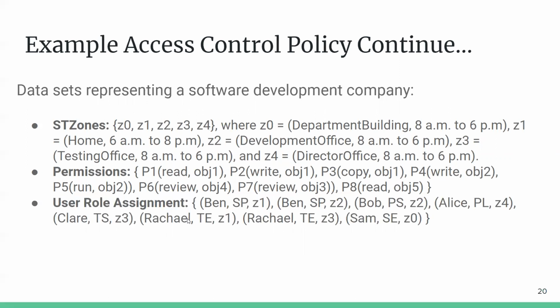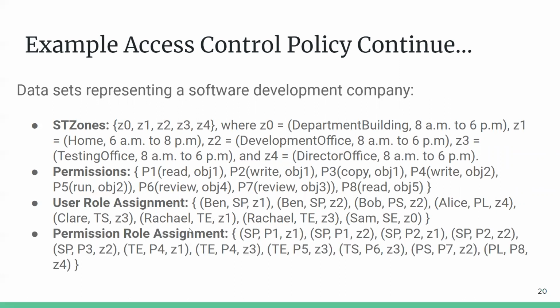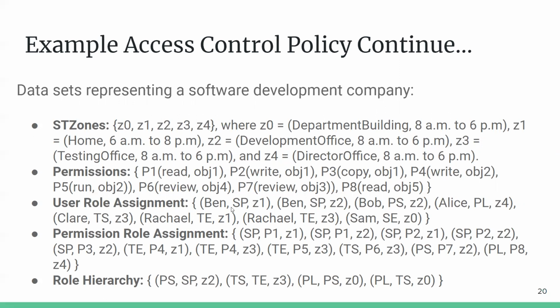User role assignment combines a role to a user under a given spatial temporal zone. And permission role assignment does the same, combining a role to a permission. Finally, we have the role hierarchy, which combines two roles in a chain of command sequence. What these data sets help us do is understand the overall relationships between the various data in the system.